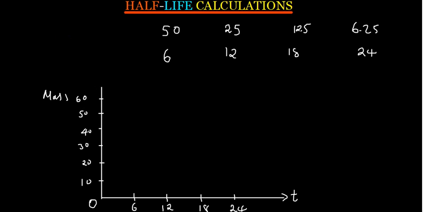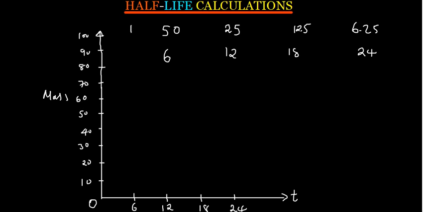So make sure that you pick a nice scale, because if you don't, there are some values that are going to be very difficult for you to plot. So 50, 60, 70, 80, 90, and then 100 on top there.